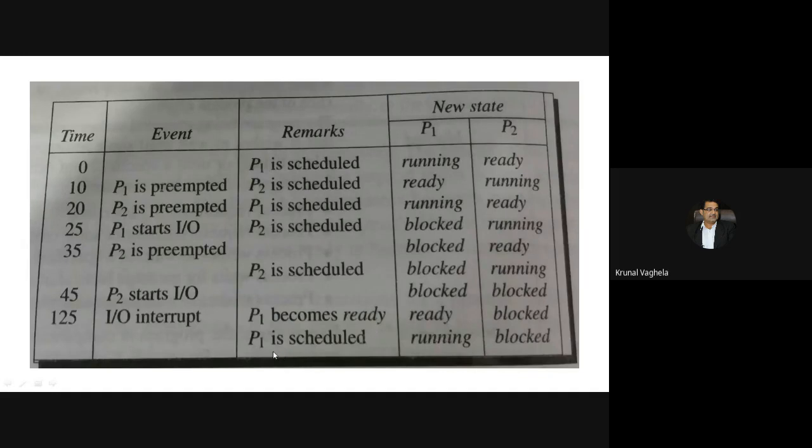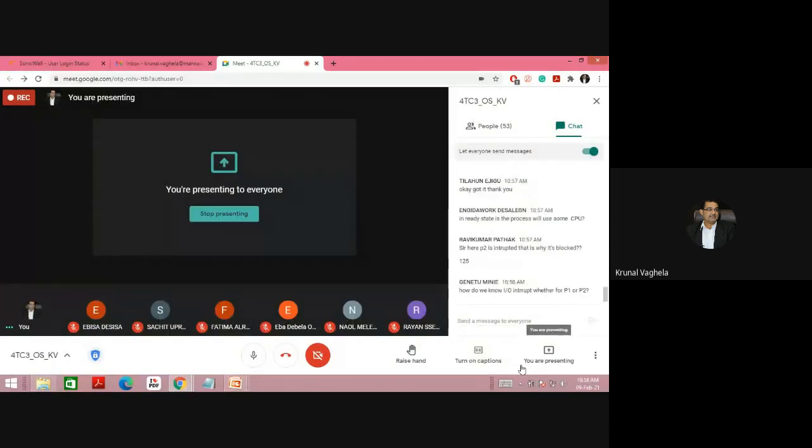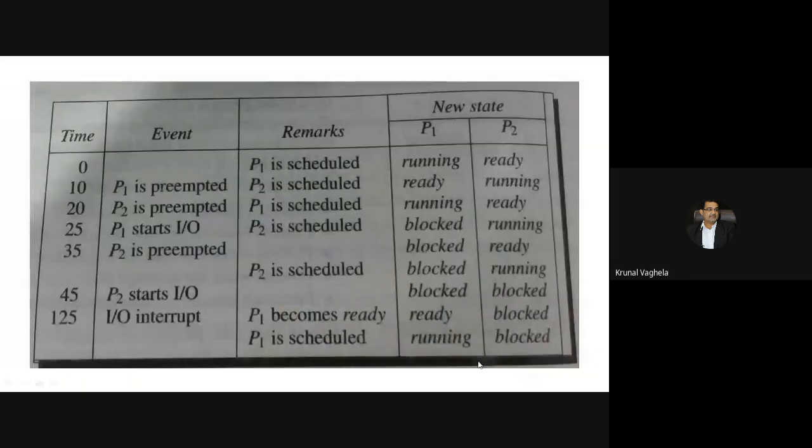But here, for example, at 135 or 140, an IO interrupt occurs for P2, then it will go from blocked to ready. So the IO interrupt is for P1, not for P2.